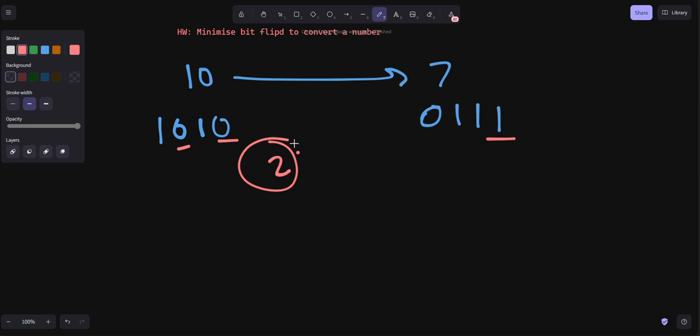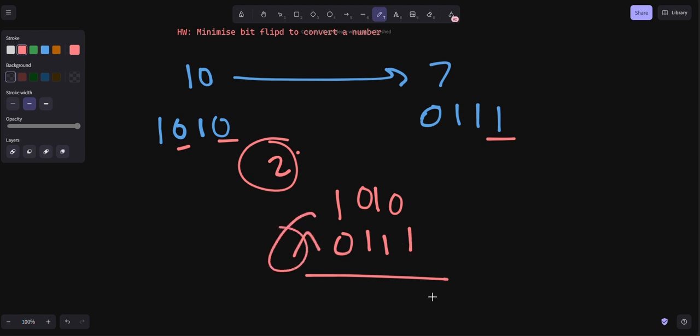So how can you see which bits are different? You need to check which bits are different that you need to flip. It's really easy. Just use the XOR operation.